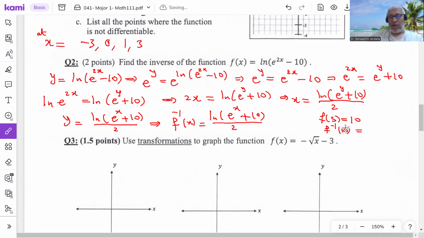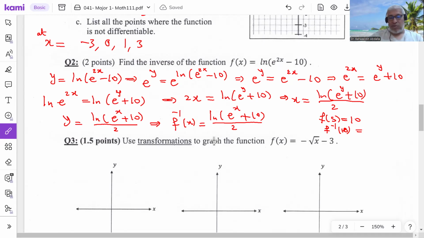So if I replace x by 10 here, so if I find ln of (e to the power 10 plus 10) over 2, the calculator says 5.0002.